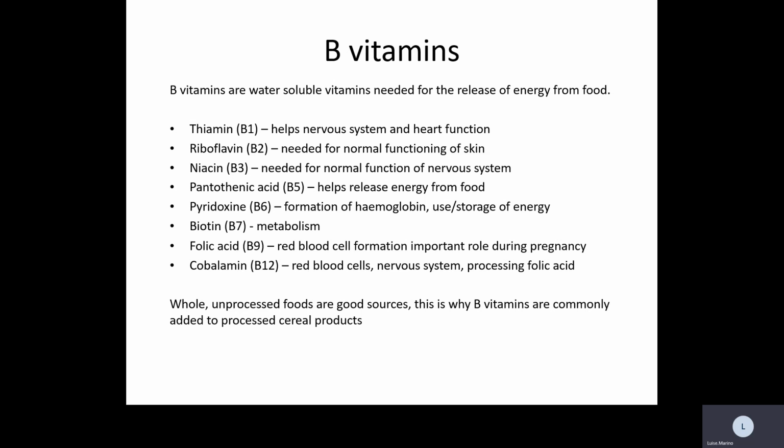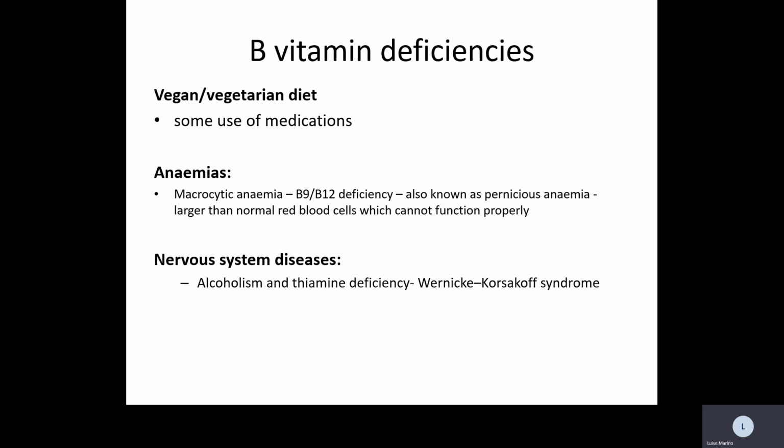Whole unprocessed foods are good sources. This is why B vitamins are also added to processed cereal products, because the problem with whole grain foods is that they often contain lots of anti-nutrients, such as phytates, which prevent the absorption of B vitamins. B vitamin deficiencies may occur during vegan and vegetarian diets, also with the use of some medications.